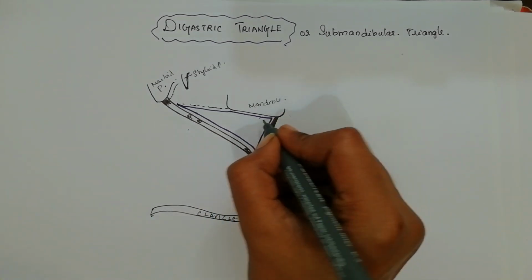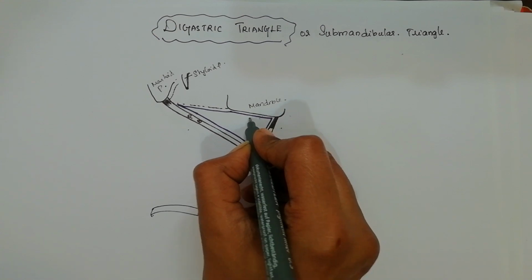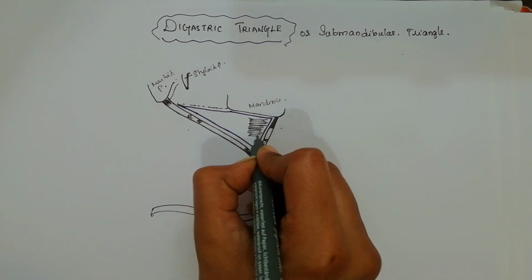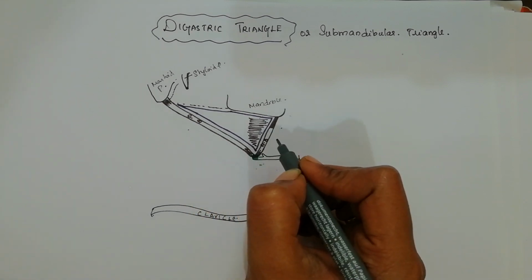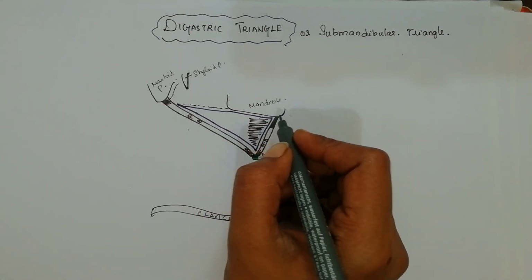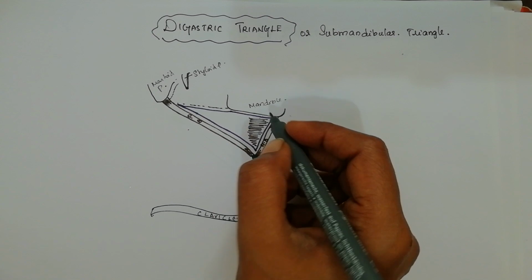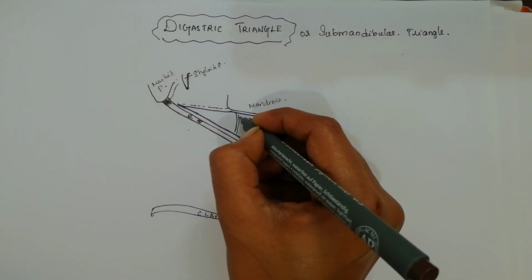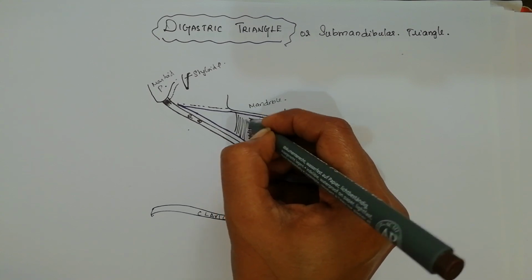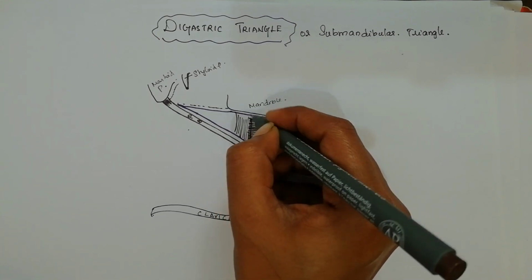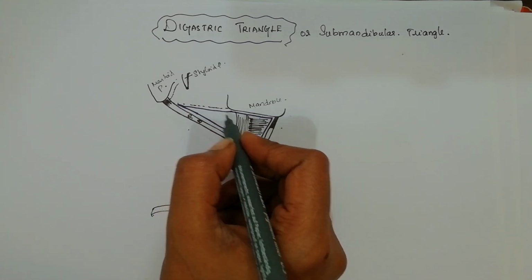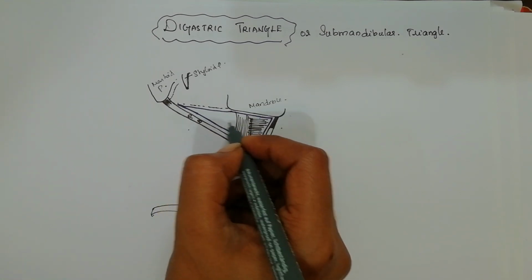Here we have the floor muscle as the mylohyoid muscle, which is the oral diaphragm muscle. And also we have the hyoglossus muscle. And also a part of the constrictor muscle will be seen, the middle constrictor.